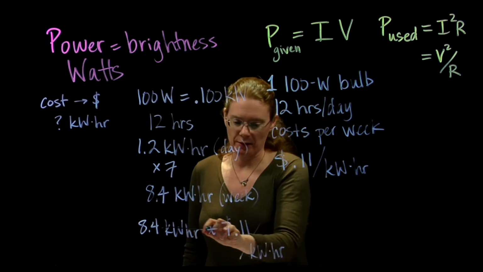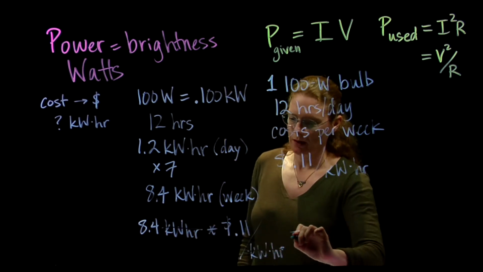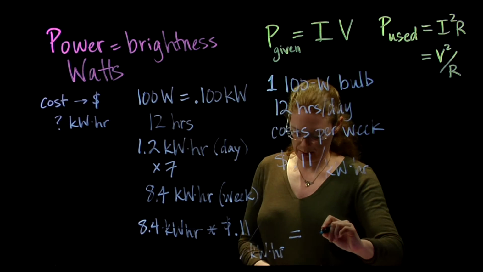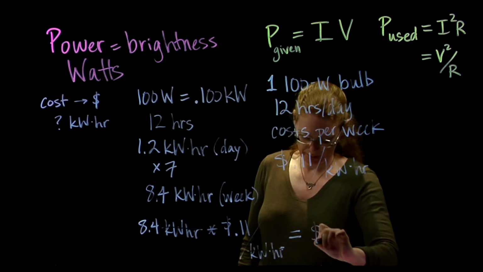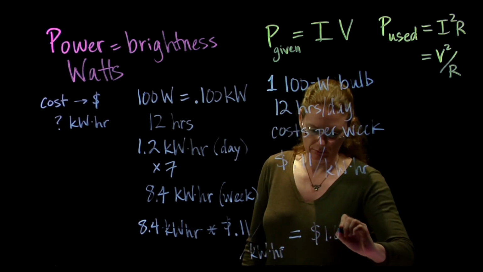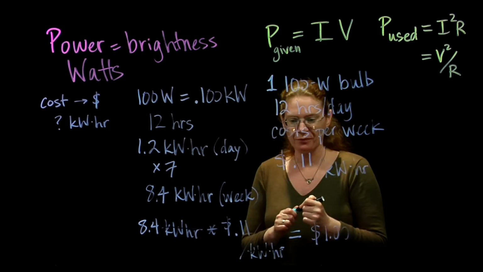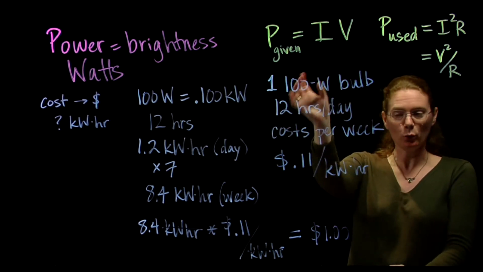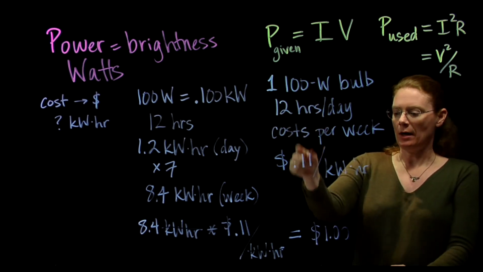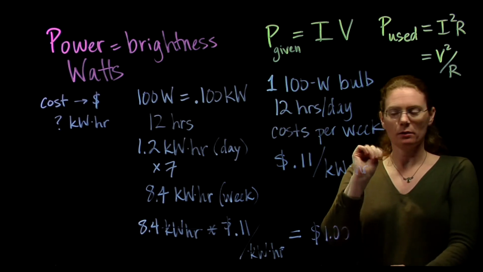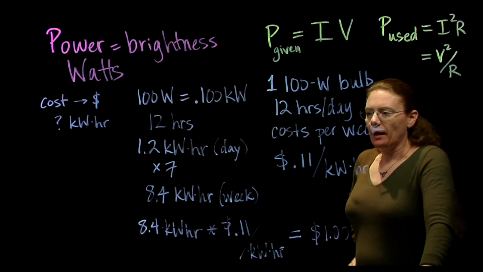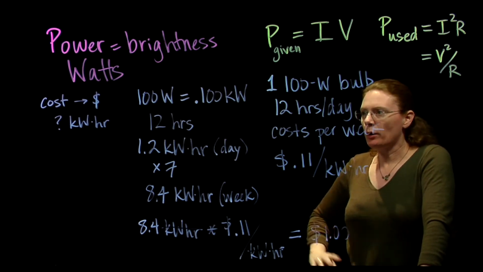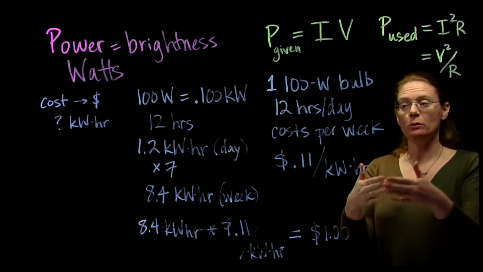The unit up top and the unit on bottom cancel out, and 8.4 times 0.11 gets me about $1. It's just a little less than $1. So a 100-watt bulb that's on for 12 hours a day costs about $1 a week, $4 for a month. And so that's an example of how to do a power question where you just focus on the units.